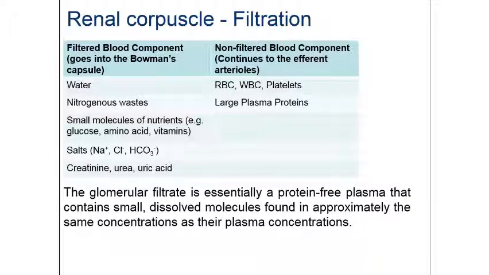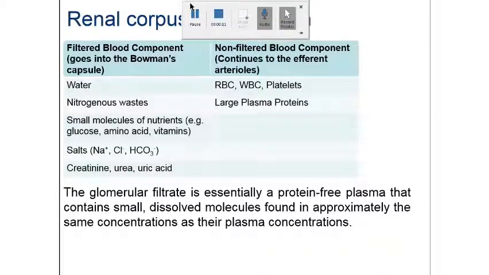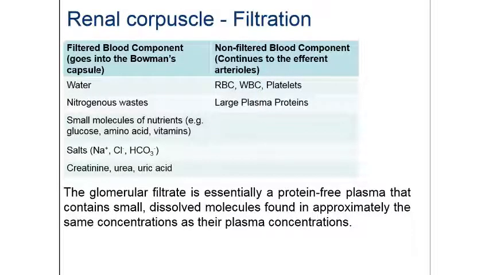So in this chart, you can see more clearly what is being filtered out at the renal corpuscle. On the left here, these are the filtered blood components that are going into Bowman's capsule.